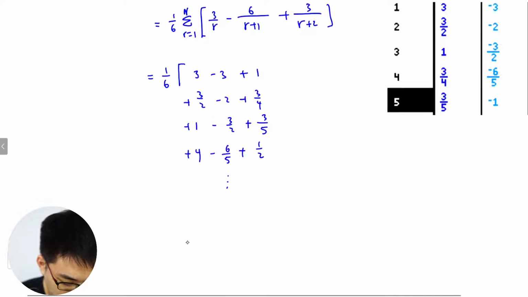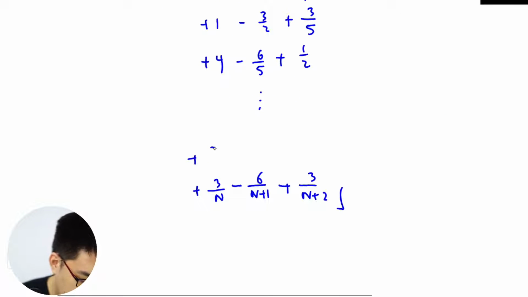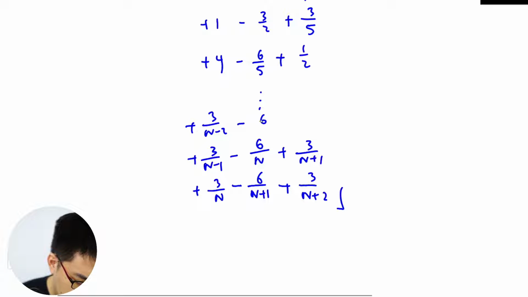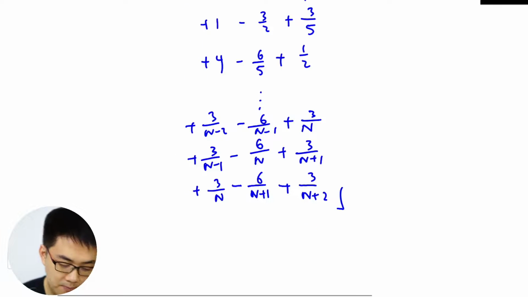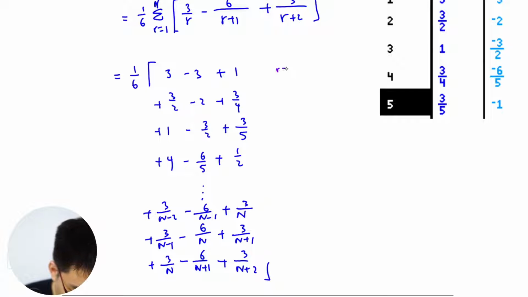Then the last 3 will be 3 over n minus 6, n plus 1, plus 3 over n plus 2. Then after that you have plus 3n minus 1, 3n plus 1. Okay, so I'm just going to list this, the rth term for each. So this is r equals 1, r equals 2, r equals 3, r equals 4. So n minus 2.